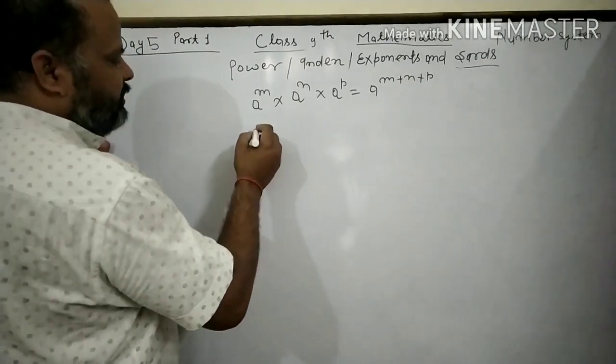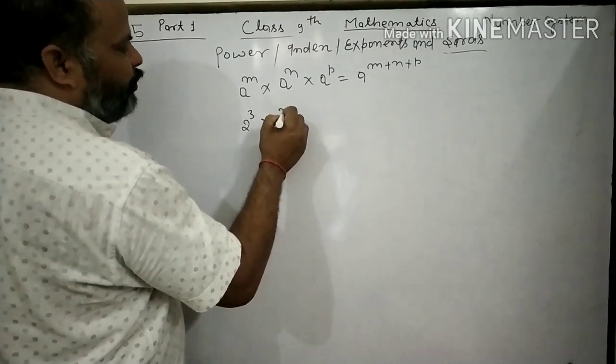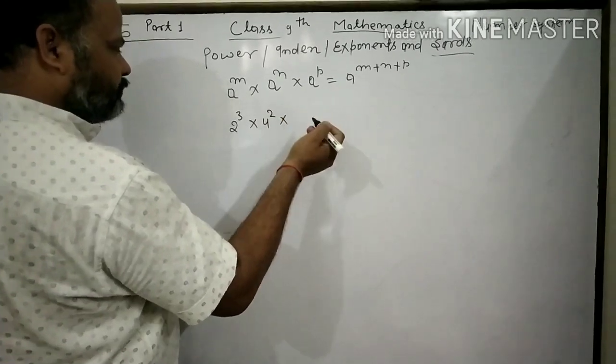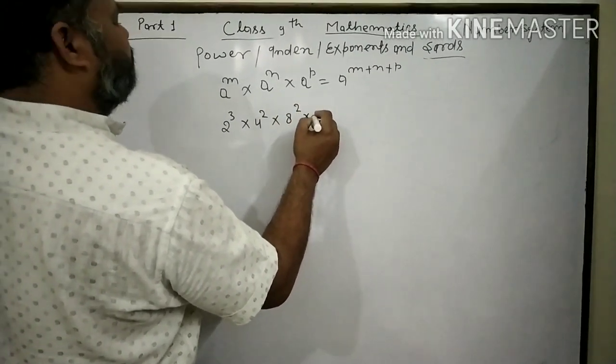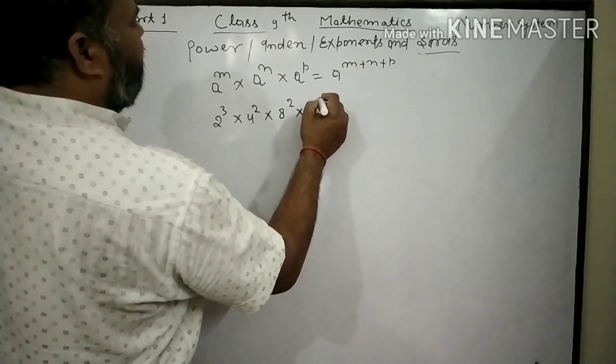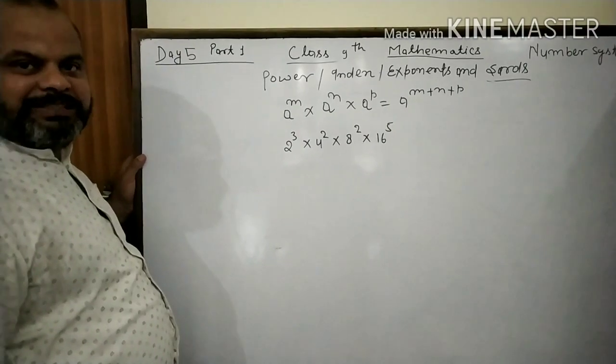Suppose in the question, 2 to the power 3 into 4 to the power 2 into 8 to the power 2 into 16 to the power 5. Then what is their exponential form?